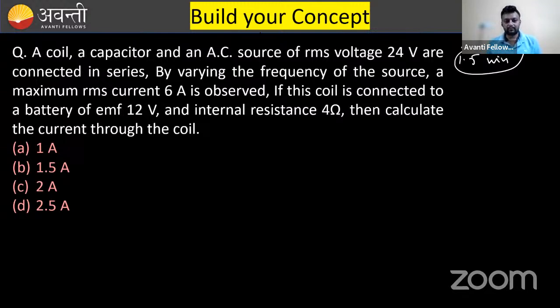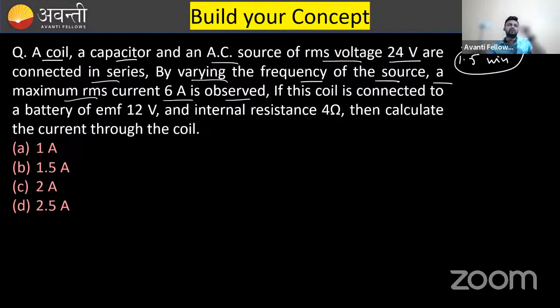The question is very simple. Just try to read the question first of all, what it says. There is a coil, a capacitor, and an AC source of some RMS value 24 volt connected in series. By varying the frequency of the source, a maximum RMS current of 6 ampere is observed.